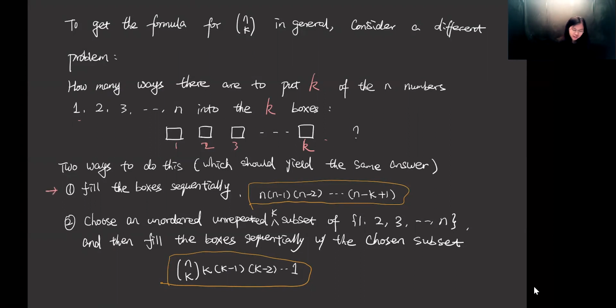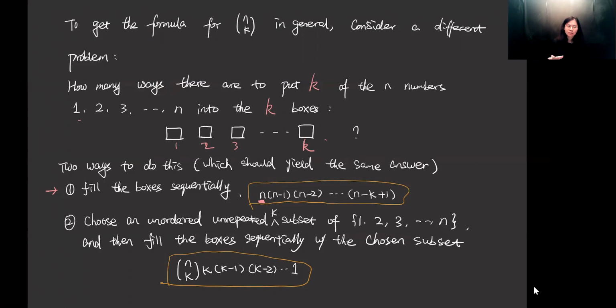The first way is to fill the boxes sequentially. Let's choose a number and put it in the first box. How many ways are there to choose a number and put it in the first box? Well, there are n numbers total, so there are n ways to choose a number for the first box. Now the first box is filled.